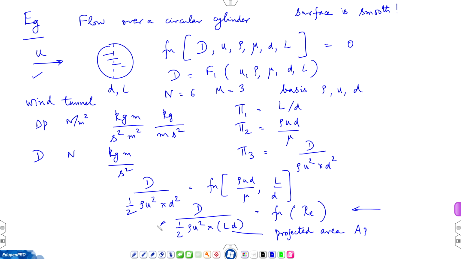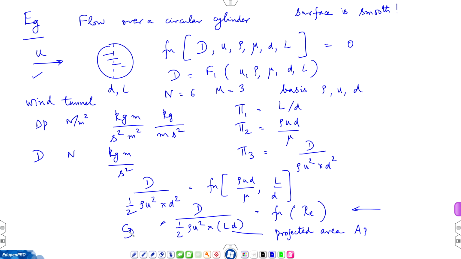And the left hand side, like friction factor, is given a symbol C D, capital C suffix D. It is called the drag coefficient, C for coefficient. If it is lift, then it will become lift coefficient.